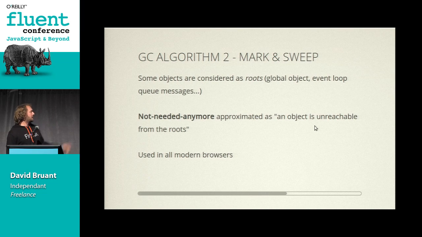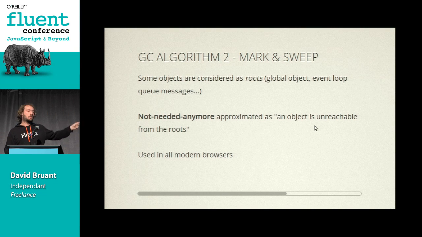Second algorithm. So this one is called mark and sweep. So the idea is that some objects are special and are called roots. And every once in a while, the garbage collector will stop your JavaScript, traverse the graph starting at the roots, and every single object that is not in this graph is going to be considered as garbage.